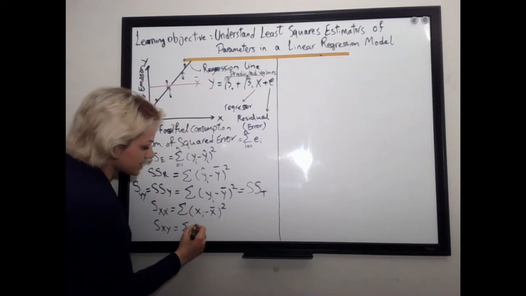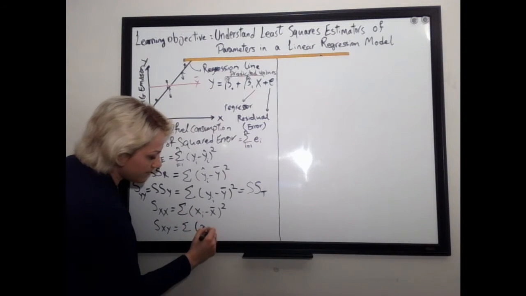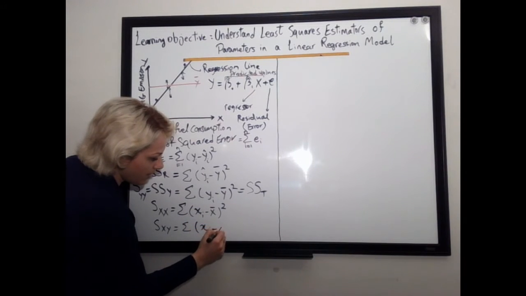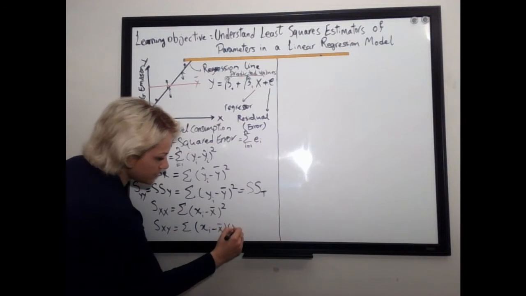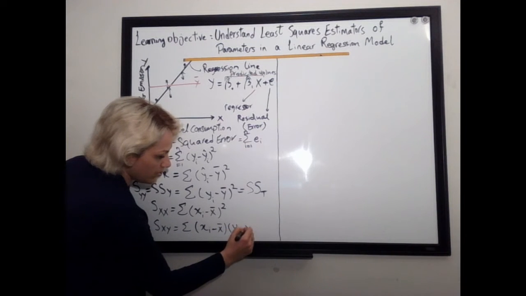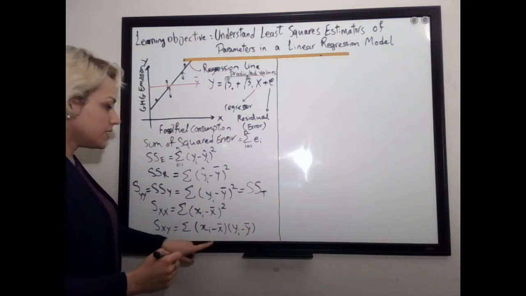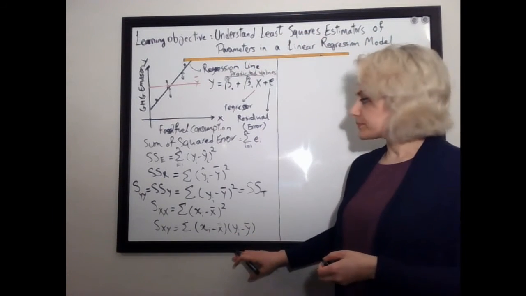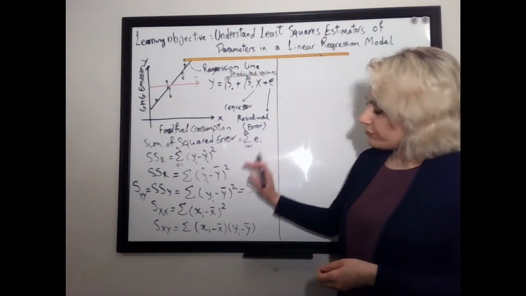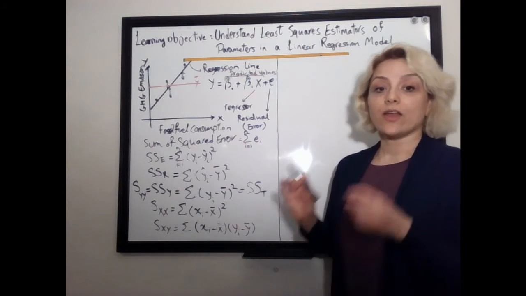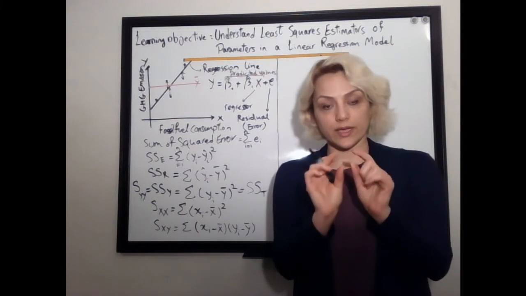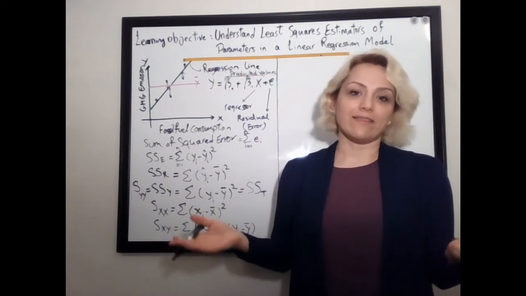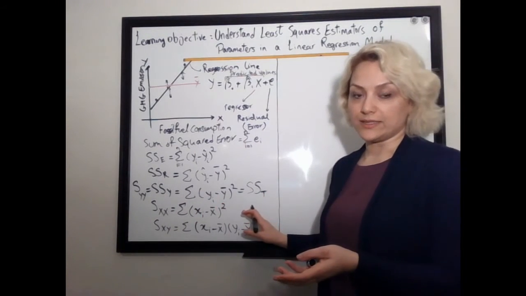So it's going to be xi minus x bar times yi minus y bar. So that's going to be my sum of a square of the xy. So far we know the 5 different sum of the squares, and for all of them, you get the difference, find the square of it, and then add them together. So it's very simple when you look at it this way.